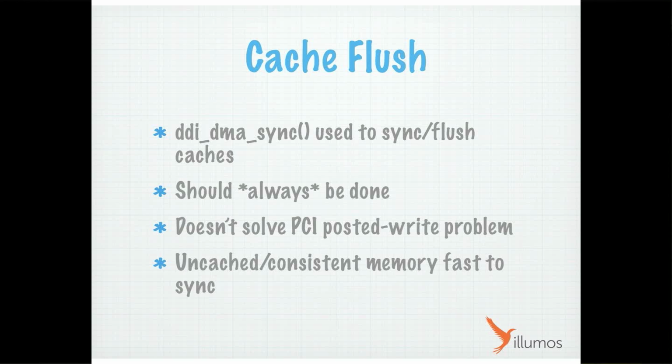I see lots of bugs here. By the way, has anybody noticed I haven't said anything about using volatile? If I'm using DDI put and get, I don't need volatile keywords. When you access memory directly, you may need volatile keywords to prevent the compiler from collapsing the code. Anyway, DMA sync is what you use to flush caches and buffers.